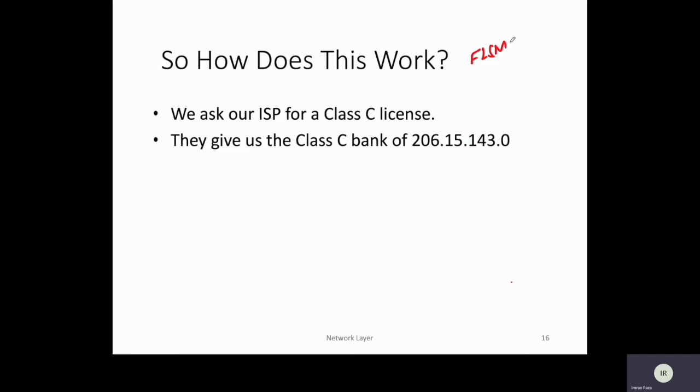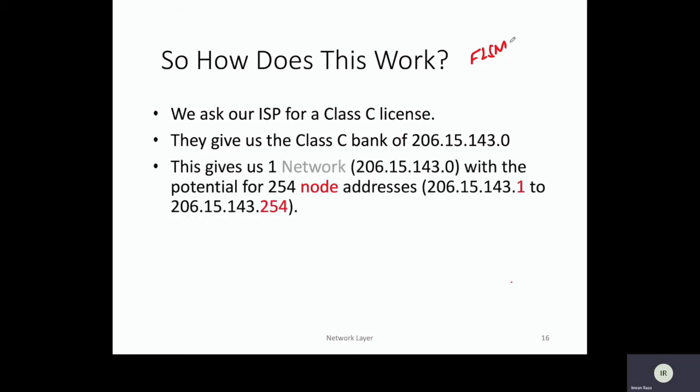206.15.143.0. Obviously, we know that's a small block. This address gives me one network, which is obviously 206.15.143.0. And how many nodes can I create with this one network?